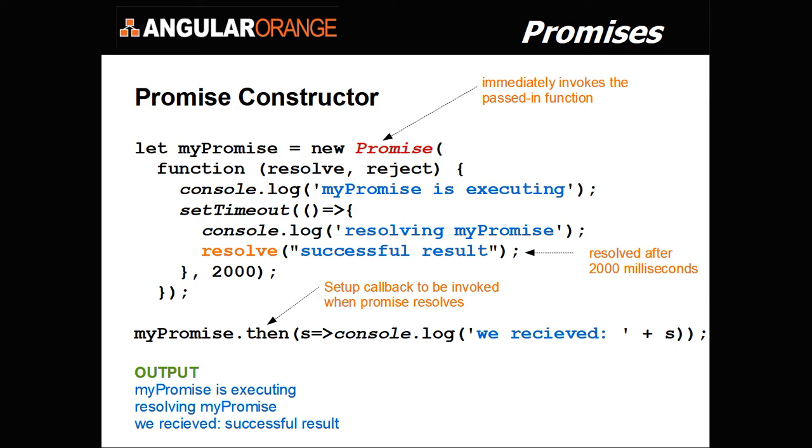Okay, so just keep in mind that you're running this asynchronous code, and you've got this callback, but it doesn't mean your code is not still executing and moving forward. So just be careful of that.